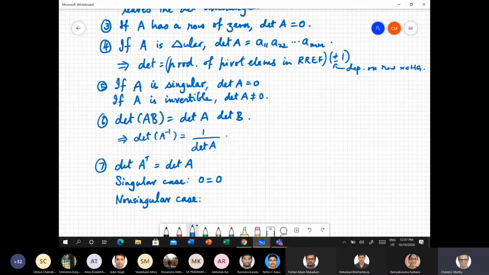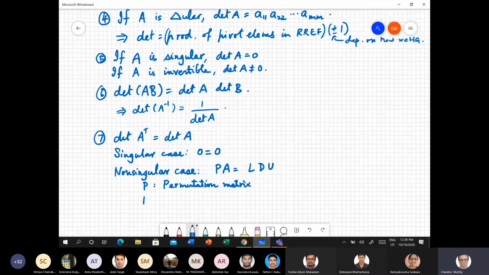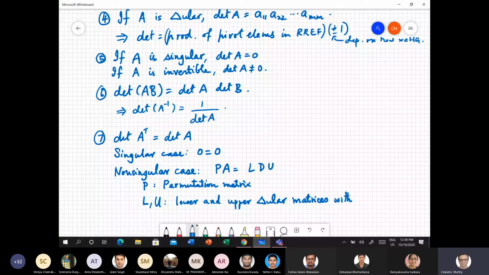We've seen in the last class that any square matrix A admits a decomposition of the form PA equals LDU, where P is a permutation matrix, L and U are lower and upper triangular matrices with ones on the diagonal, and D is a diagonal matrix.